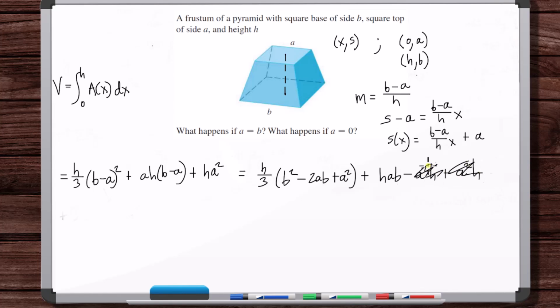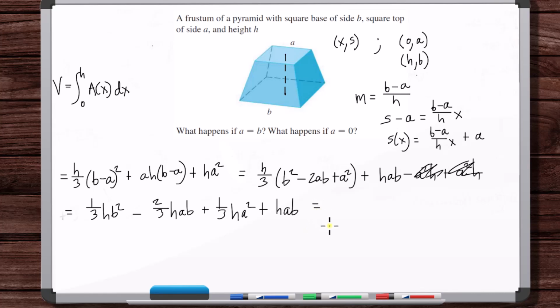So these cancel. We've got 1/3 hb squared minus 2/3 hab plus 1/3 ha squared plus hab.